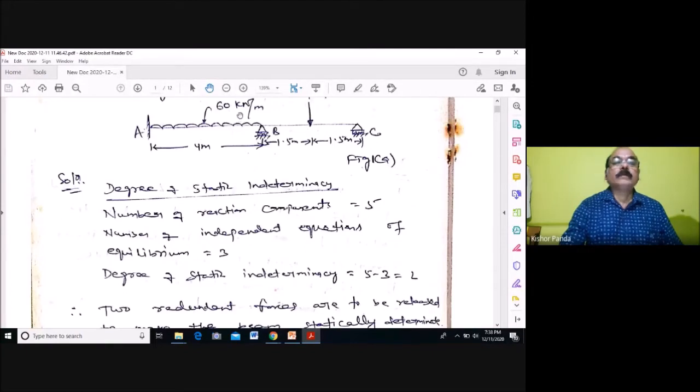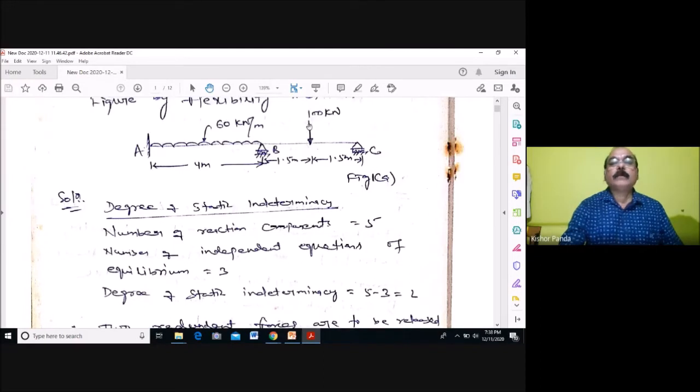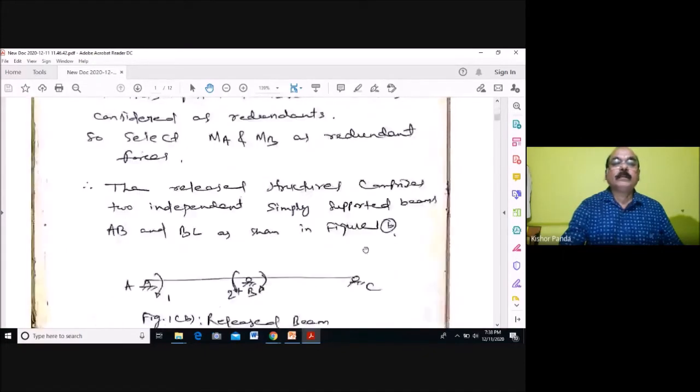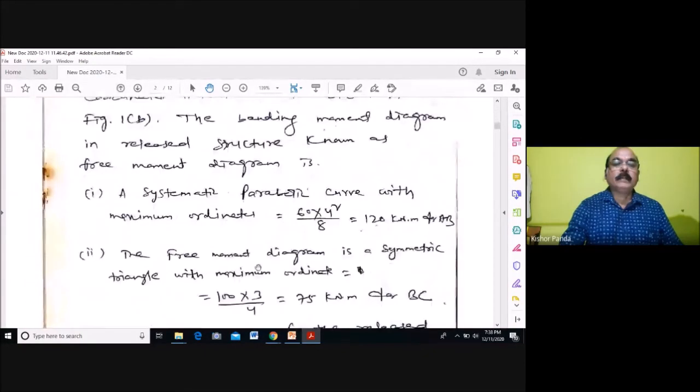So W is 60 and L is 4, so 60 into 4 square by 8. And here the point load is at the midpoint, so the maximum bending moment is WL by 4, 100 into 3 by 4. So you have to draw the bending moment diagram of the determinate structure, for AB and then for BC, of the released structure.